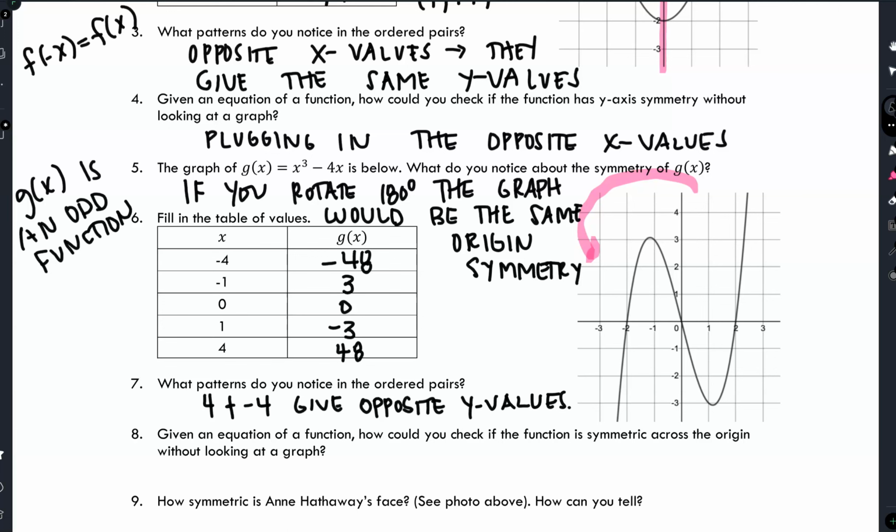Alright, so given an equation of a function, how could you check if the function is symmetric across the origin without looking at the graph? We could plug in opposite x values and see if you get opposite y values.